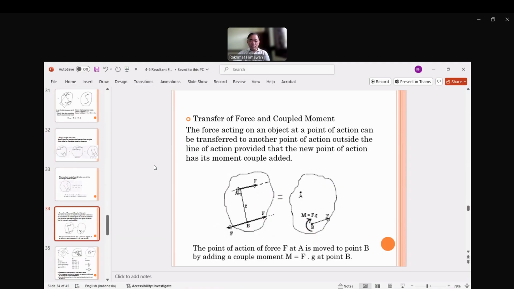The first force is this F at point A, and the other is this F at point B. We basically move the F at point A to point B, from the top to the bottom. But since we moved it, it has a rotation effect about point B. That means we need to add this moment, so that we cancel the rotation effect.